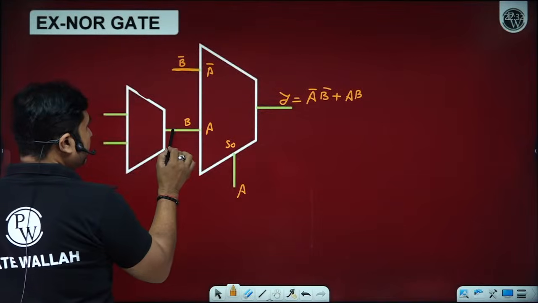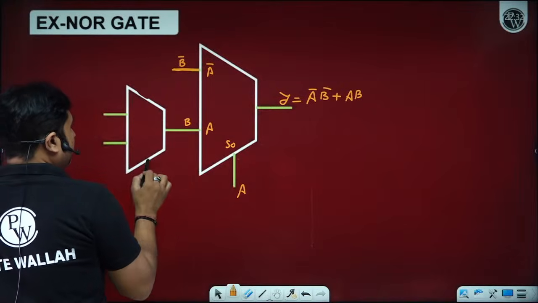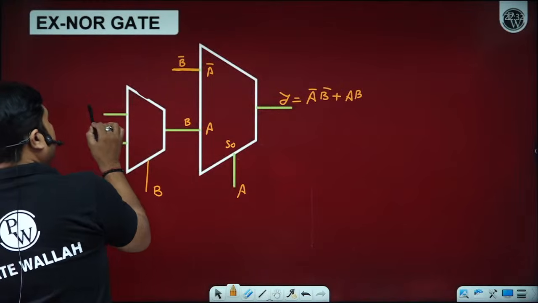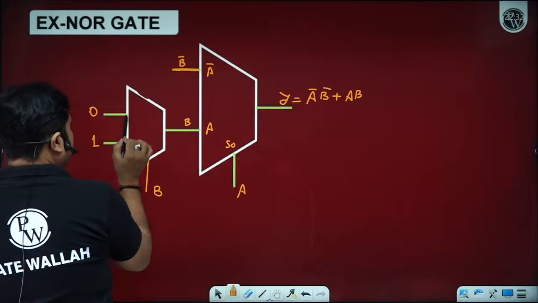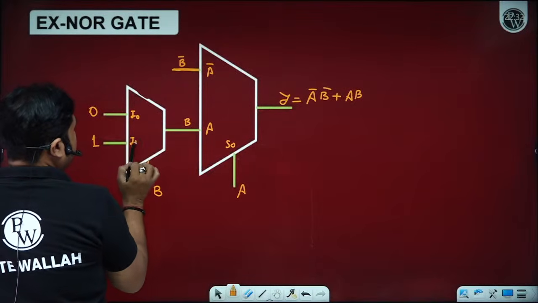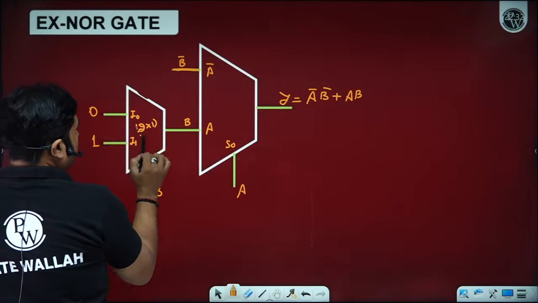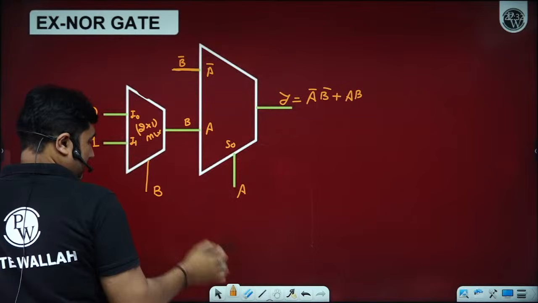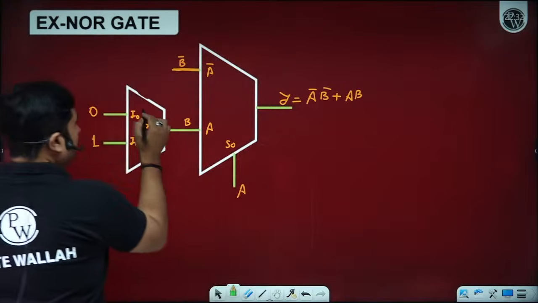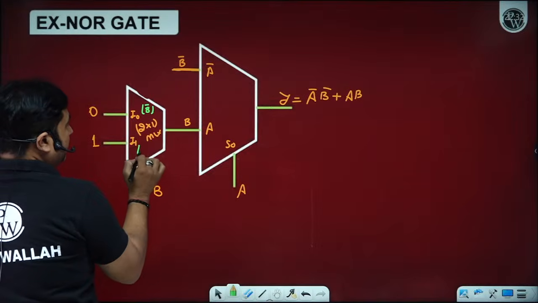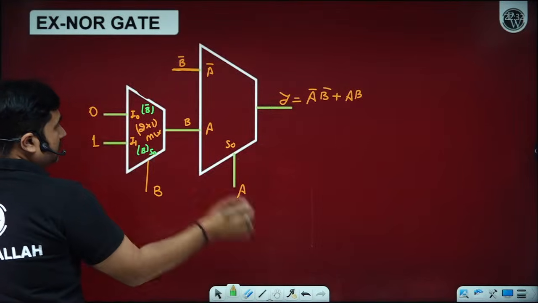In order to get B bar, in order to get B, we need to use a buffer. And onto the buffer, I0, I1. So we are getting B bar and B.